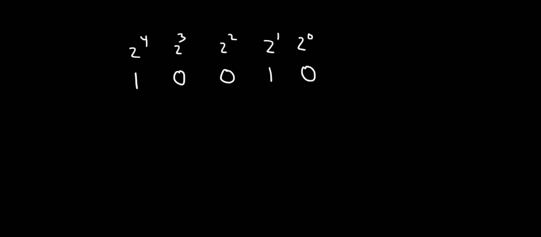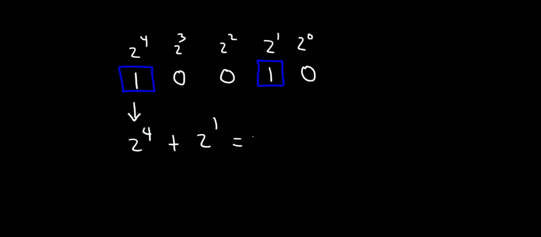2 to the power 4, it will be the value, because it has the number. Now whatever the number is 0, we will leave it, because whatever the number is multiplied by 0, it will be 0. So only one number we will consider, 2 to the power 4 plus 2 to the power 1.